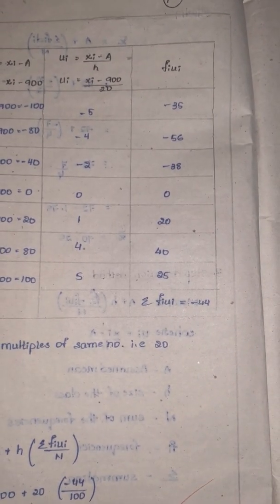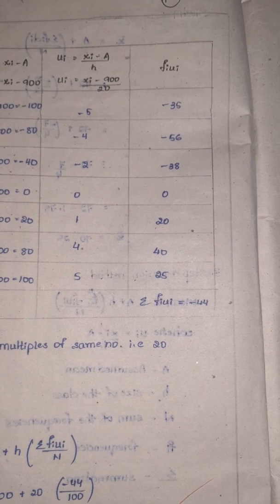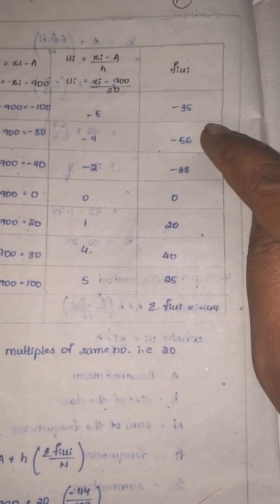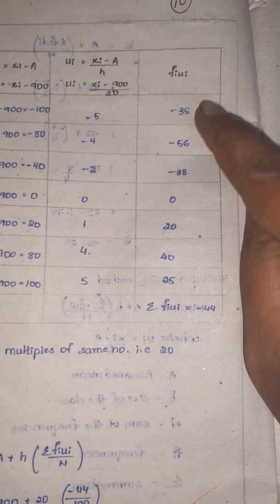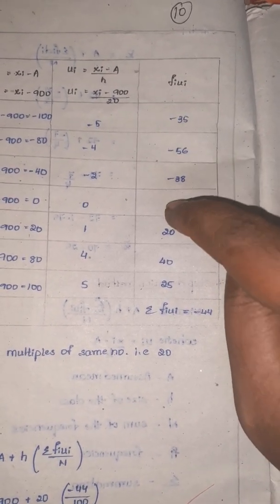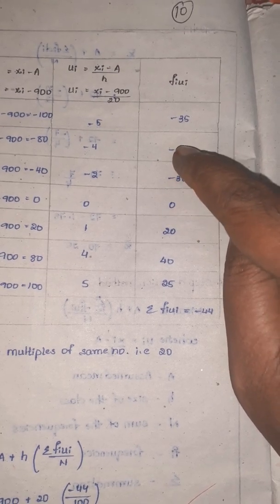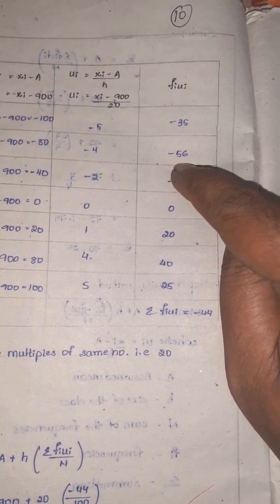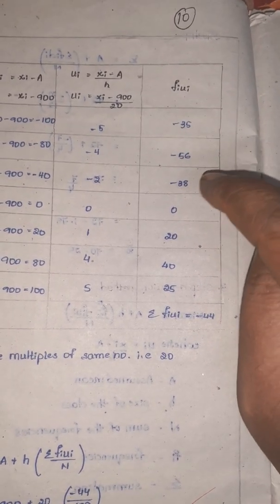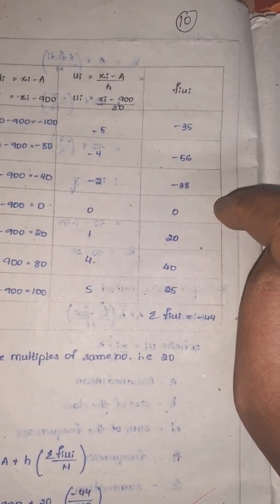Here, as I already told before, first do all the negative numbers addition. 8 plus 6 is 14, 14 plus 5 is 19. So 9, 1 carry. 1 plus 3 is 4, 4 plus 5 is 9, 9 plus 3 is 12. So 129, so minus 129 it is.